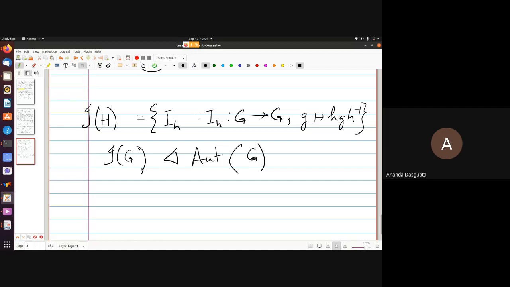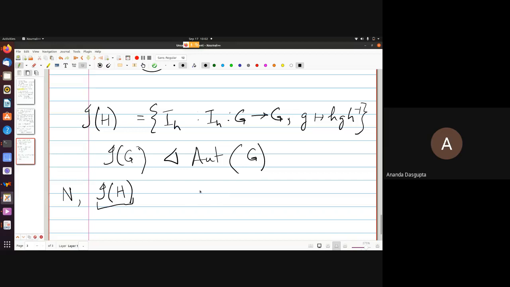Now, can anybody tell me that given the group H, okay, we had this normal subgroup N, we had the subgroup H, what I need for the semi-direct product result is a set of automorphisms which will act on N. And this, of course, plays a pretty good role here, right?